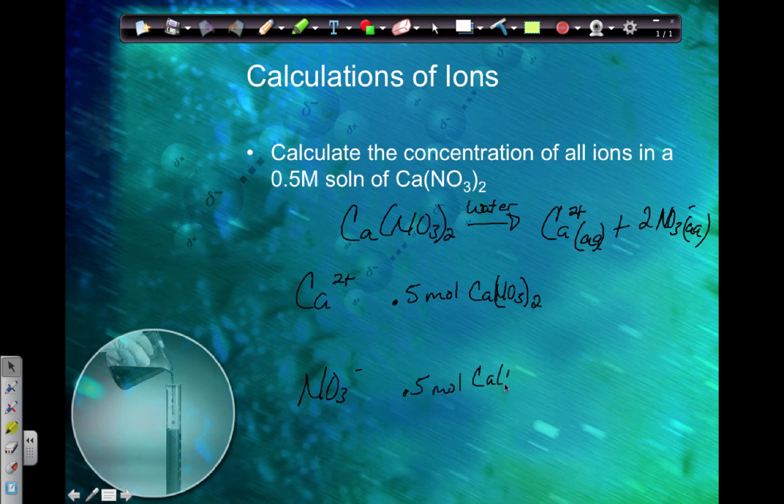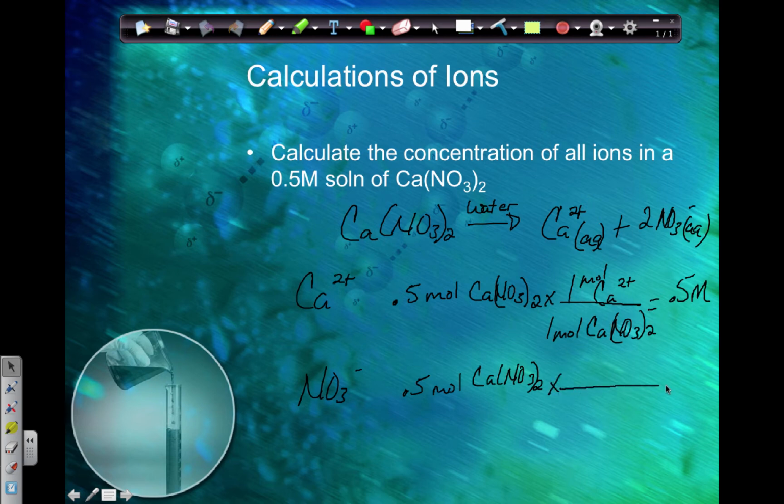Well, I can use my reaction now to figure out the amount of each ion. Well, for calcium versus calcium nitrate, it is a 1-to-1 ratio. So 1 mole of this is equal to 1 mole of that. So it's a 1-to-1 ratio, so my concentration here should just be 0.5. So 0.5 moles of calcium ions.